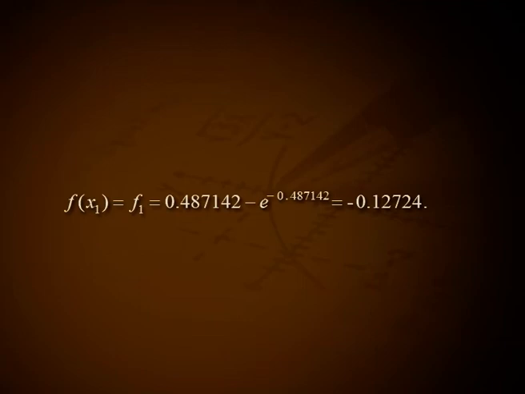0.487142 minus e raised to minus 0.487142, that is equal to minus 0.12724. Step 2.